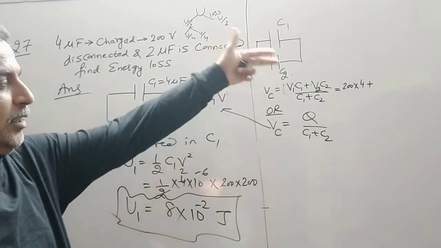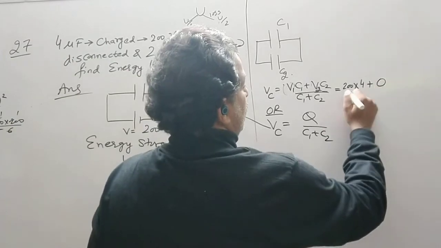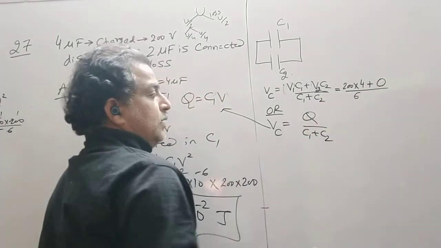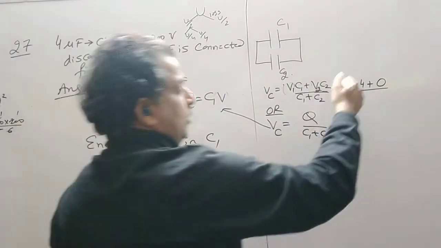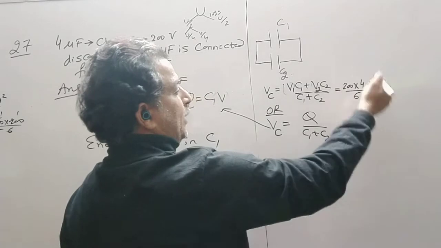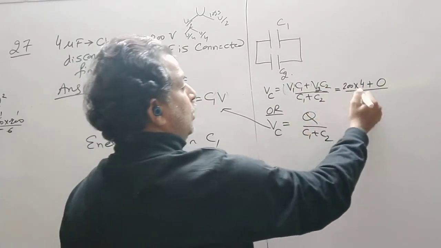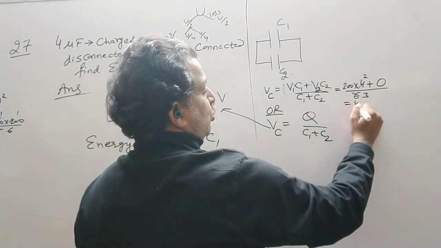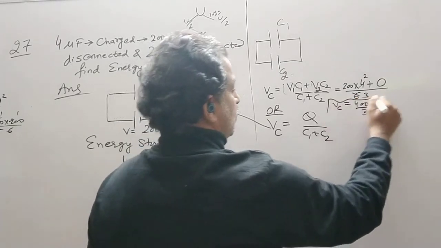If it is connected, we put a V2 value, but it is not connected, so that value is 0, upon C1 plus C2. That comes out to be 6. So micro unit will get cancelled, I am not converting there because C1 and C2 are both in micro. So this becomes 2, 3, so it comes out to be 400 by 3 volts. This is my common potential.